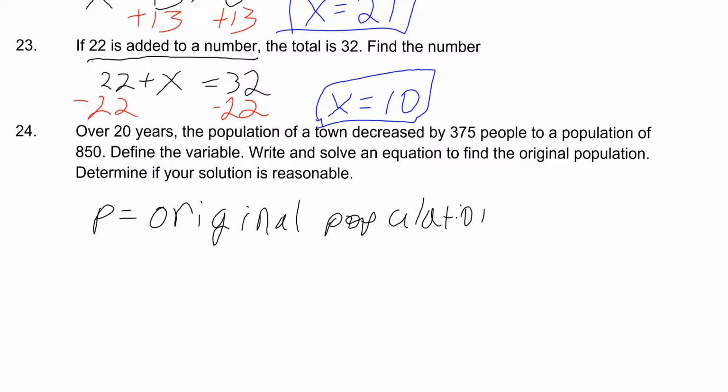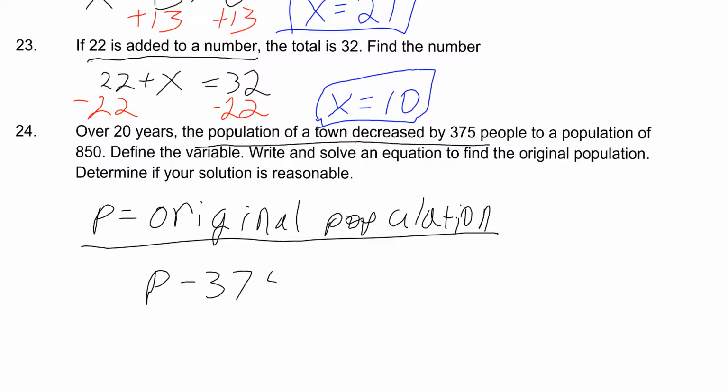It says that the population of a town decreased by 375 people. We don't care how many years it took, it decreased by 375 people. So P minus 375, and it decreased to a population of 850.